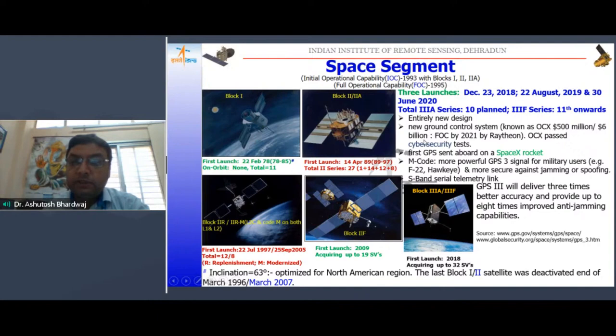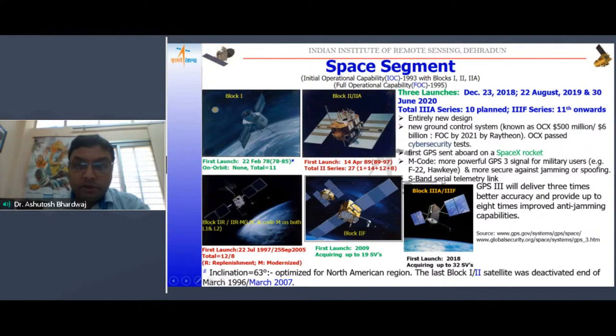And out of these $6 billion, $500 million are just for the software OCX itself, which takes care of the cyber security, anti-hacking, and all those things. The M code is a powerful GPS-3 signal for the military users, which is used by the military aircrafts and are more secure systems against jamming or spoofing.